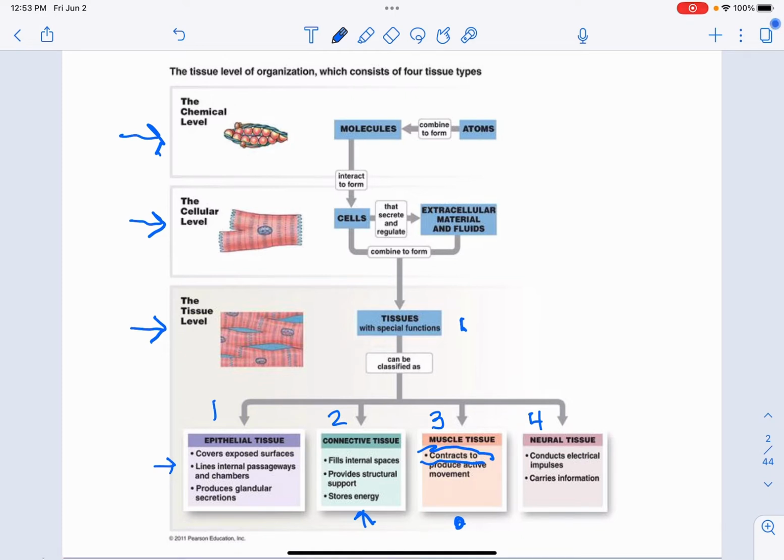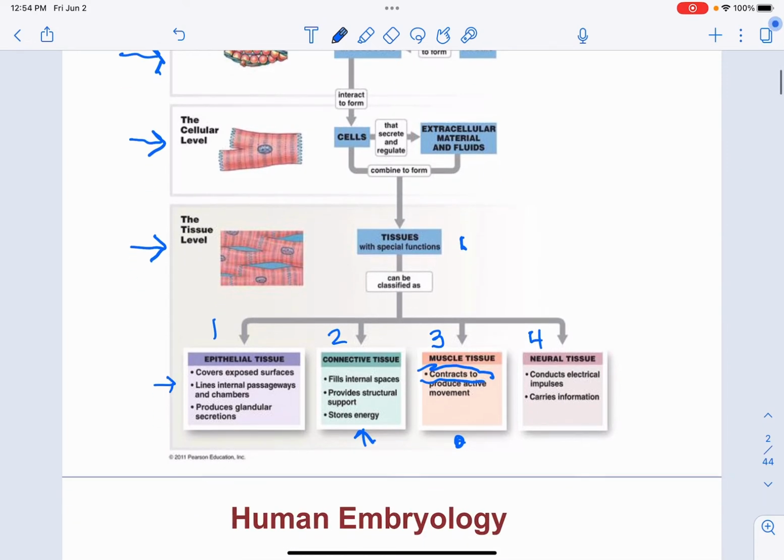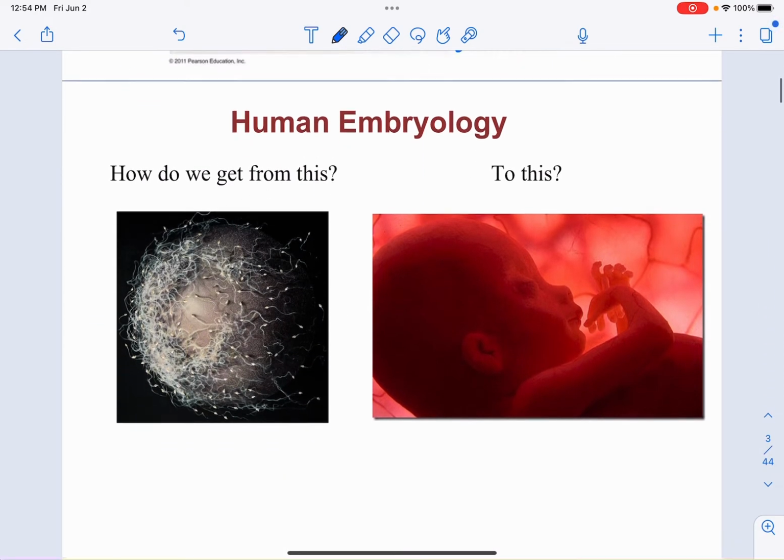All right, so I just need you to know a little bit about each of these tissues. We're going to come back and talk about all of them a lot more in depth. But this is just to give you a basic understanding to kind of set the course up.